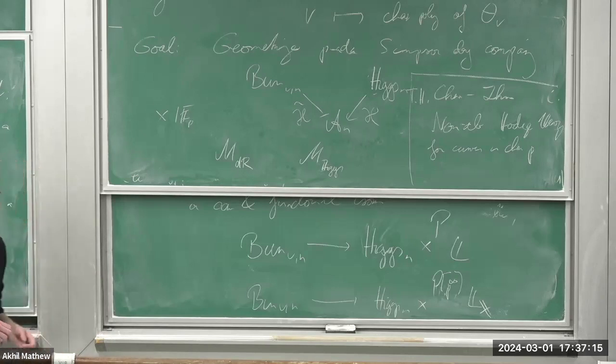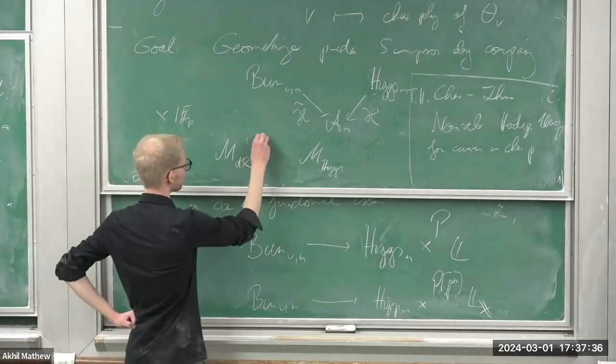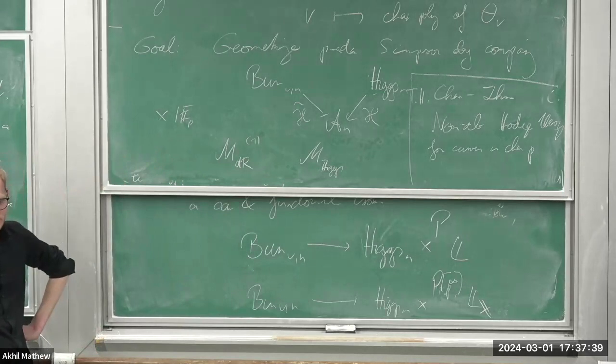And this p-curvature gives you something like a Higgs field, and therefore you get a Hitchin map. On the other hand, instead of vector bundles with connection, we can just consider the usual Higgs bundles. That's right. Then we'll also.